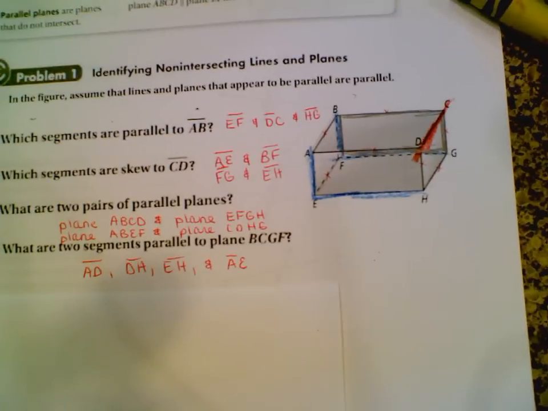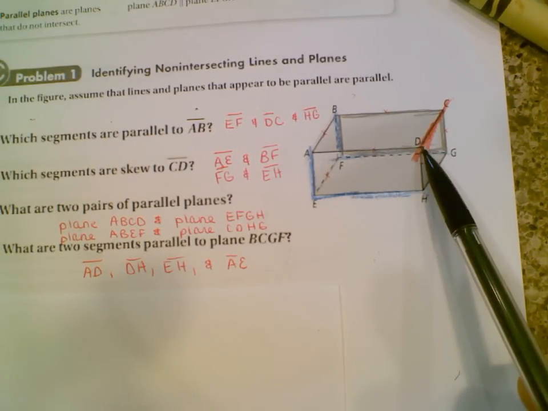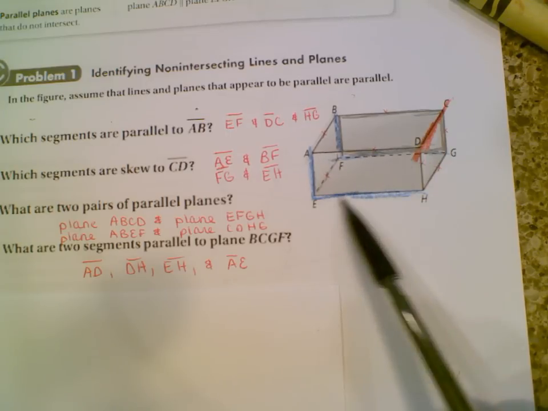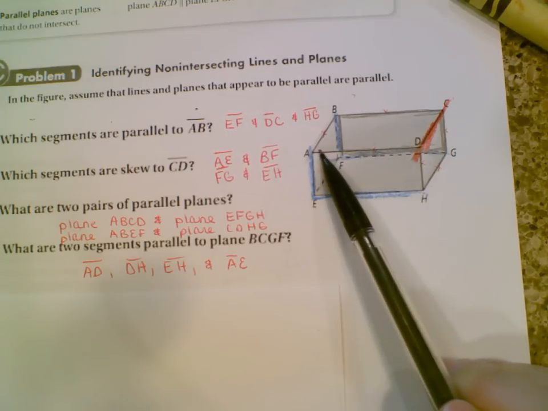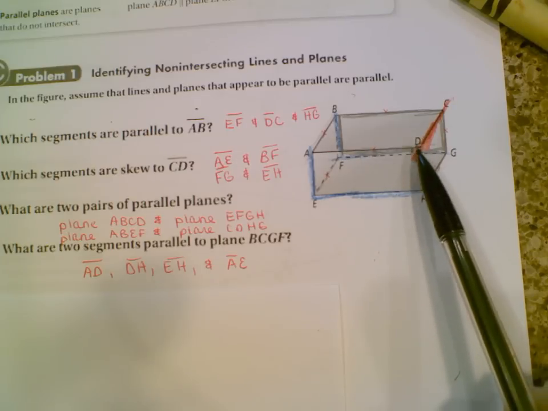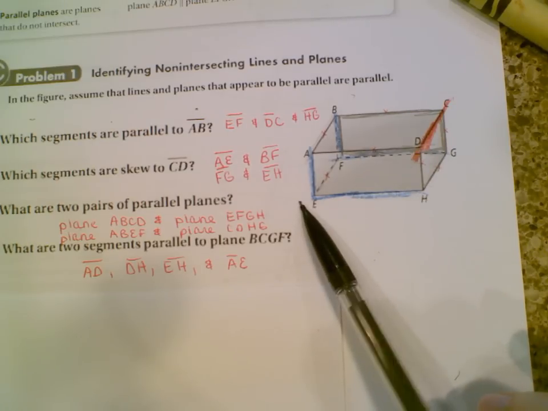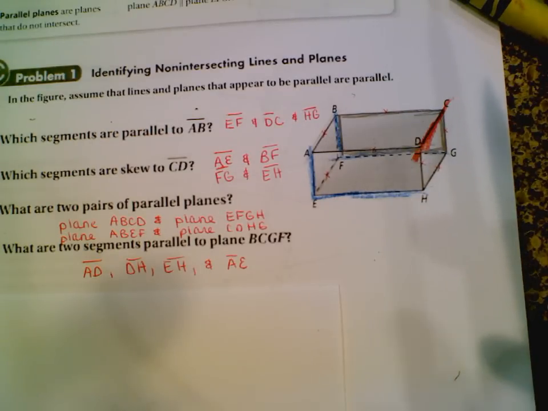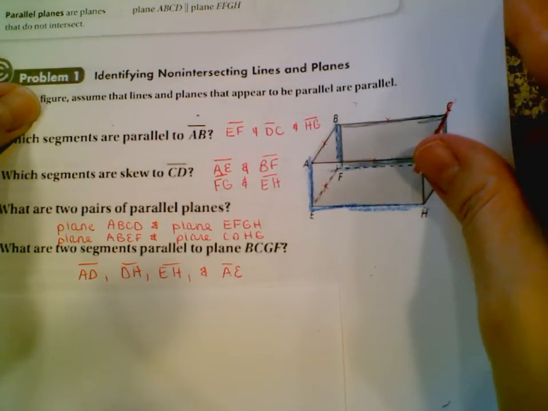Since this plane is in the back, the one in the front would be parallel to it. So I would just name all the lines along that plane: line AD, line DH, line EH, and line AE. Okay, moving on to our next part here.